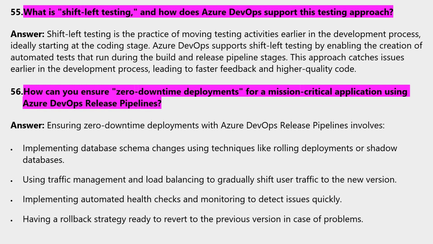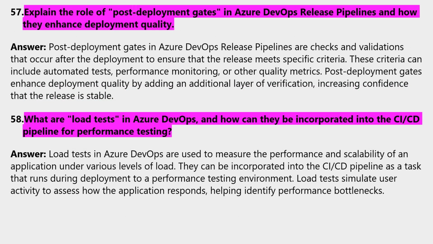Answer: ensuring zero downtime deployments with Azure DevOps release pipelines involves implementing database schema changes using techniques like rolling deployments or shadow databases, using traffic management and load balancing to gradually shift user traffic to the new version, implementing automated health checks and monitoring to detect issues quickly, having a rollback strategy ready to revert to the previous version in case of problems.